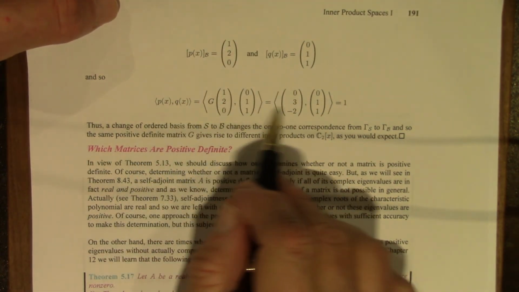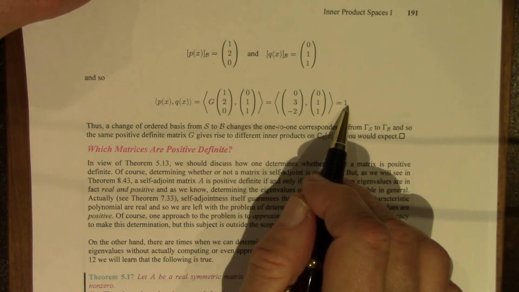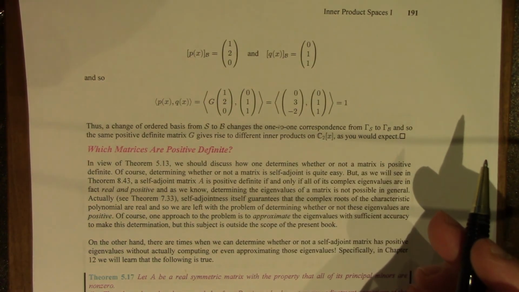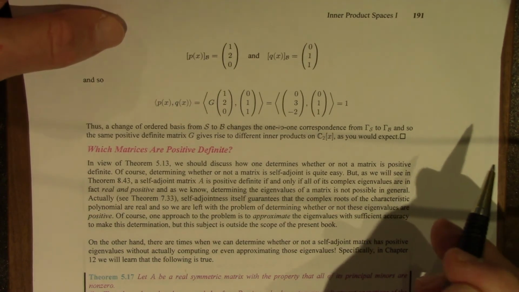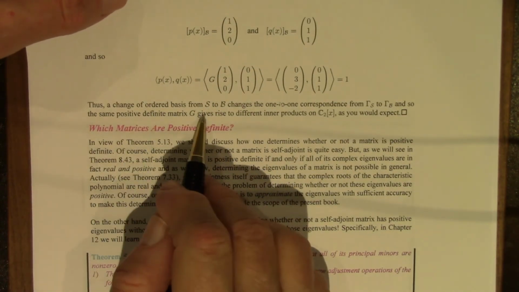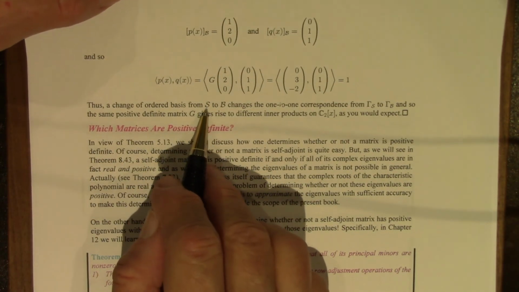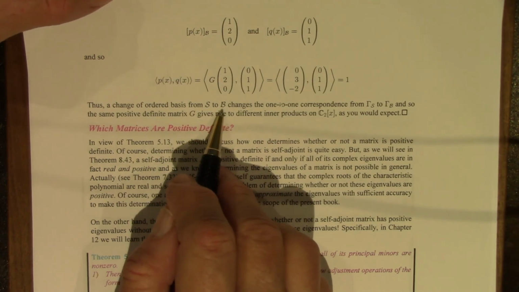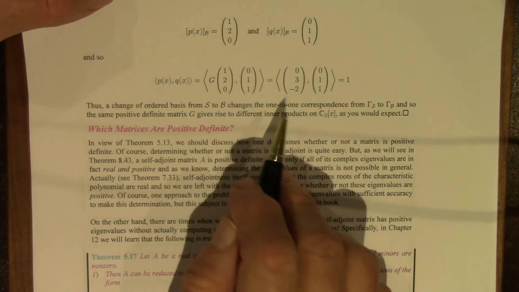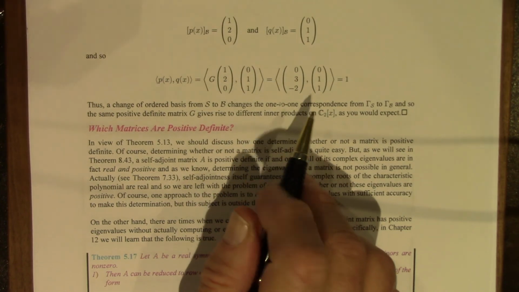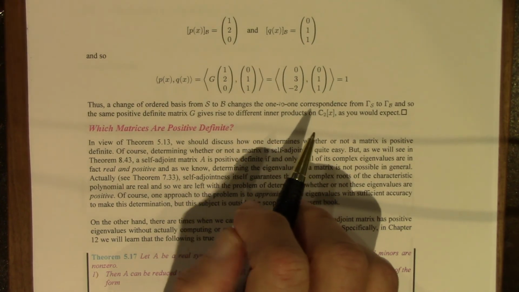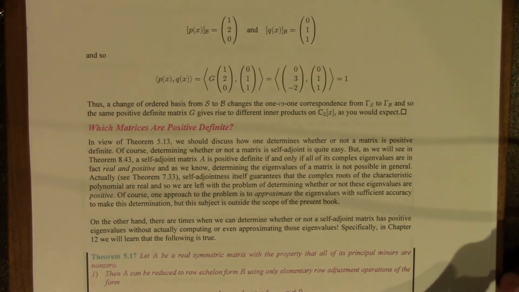And so the inner product in this case comes out to be 1. That should not be a surprise. It's a different inner product. A change of ordered basis from, in this case, the standard basis to another basis changes the one-to-one correspondence. So the same positive definite matrix produces a different inner product.